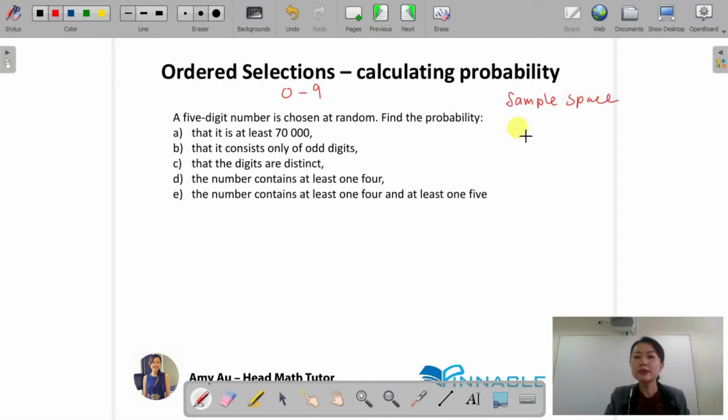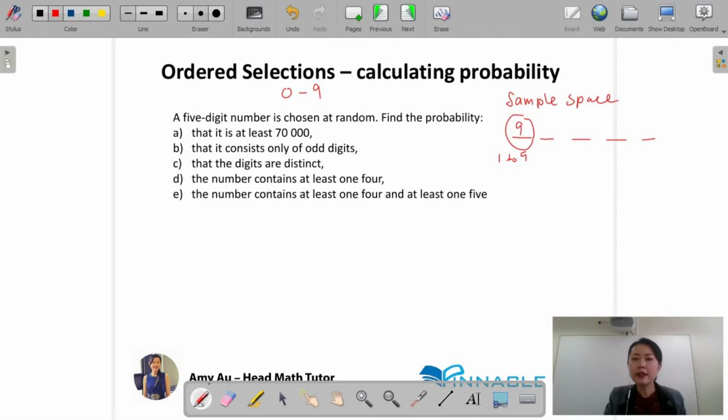Sample space is building out a 5-digit number, no restrictions. Be very careful with 5-digit numbers, or actually any numbers with digits: the first digit can never be 0, or you have a 4-digit number. So the first digit you can only choose from 1 to 9.